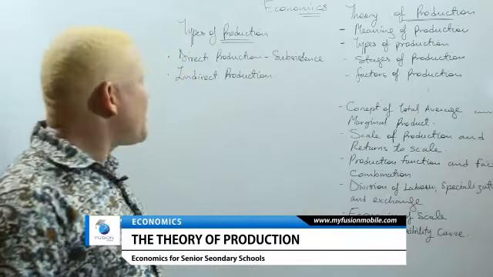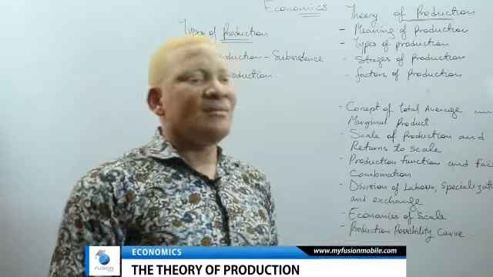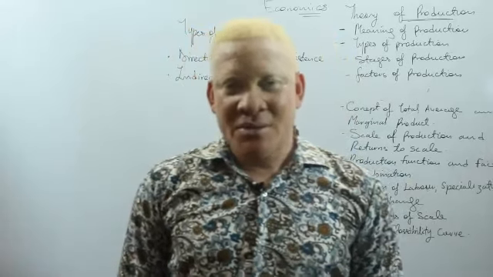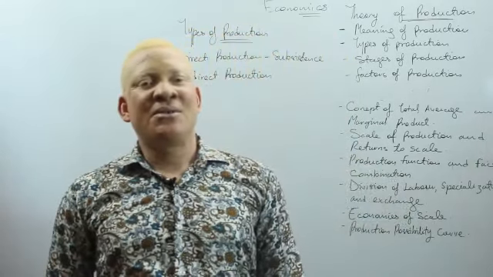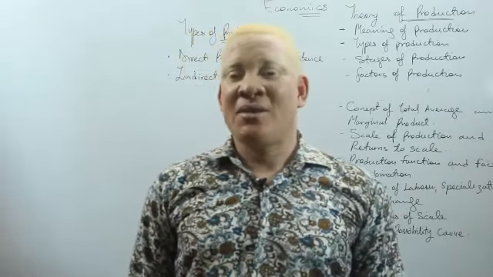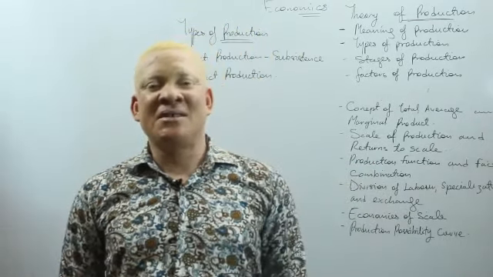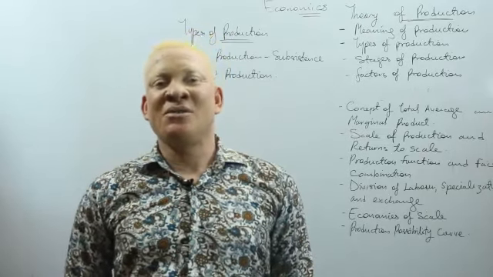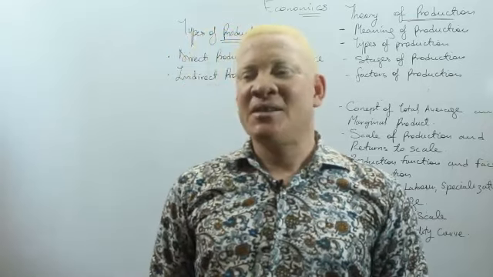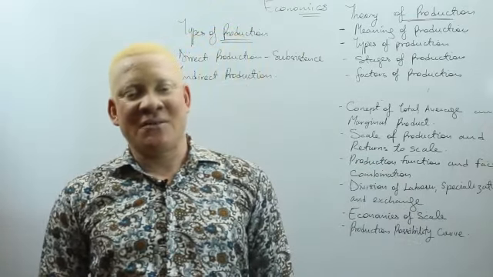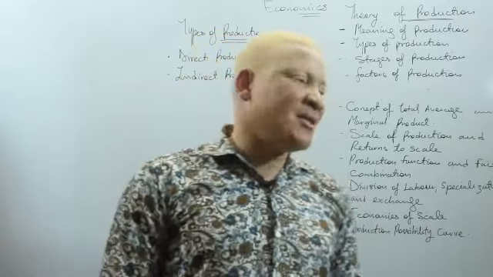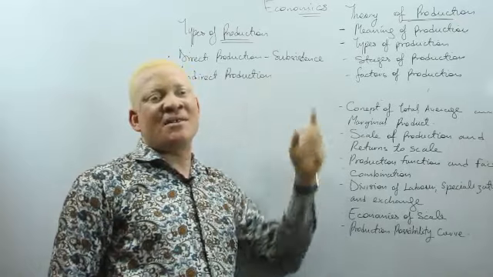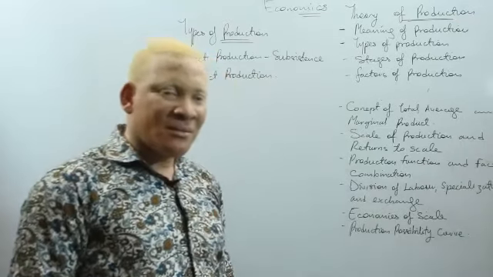Then, indirect production is a type of production wherein the producer produces for others. He produces for commercial purposes using different methods or different labors and so on. For direct production, since he's at the subsistence level, output is usually low.